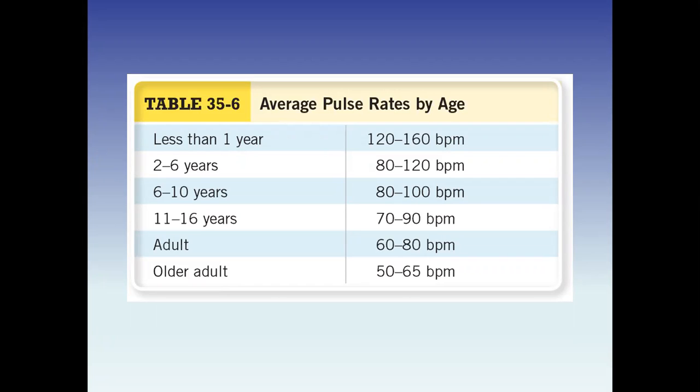And 6 to 10 years is 70 to 100 BPM. Then 11 to 16 should be 70 to 90. Adults should be 60 through 80, and older adults 50 to 65. The younger kids obviously have a faster pulse, because they're younger and they like to run around.